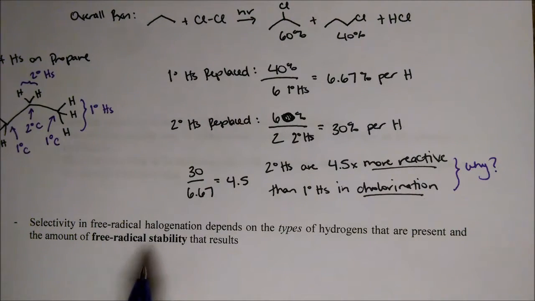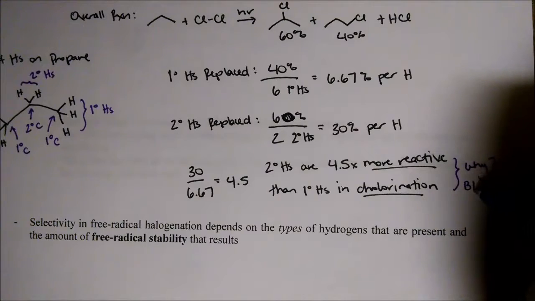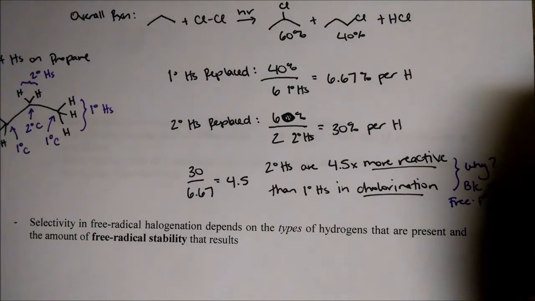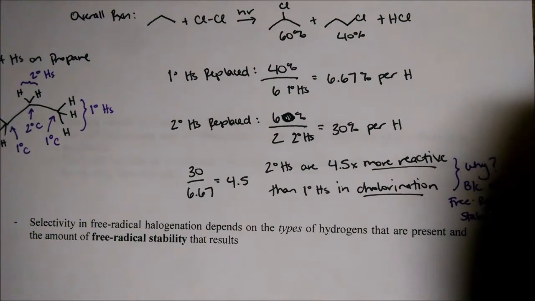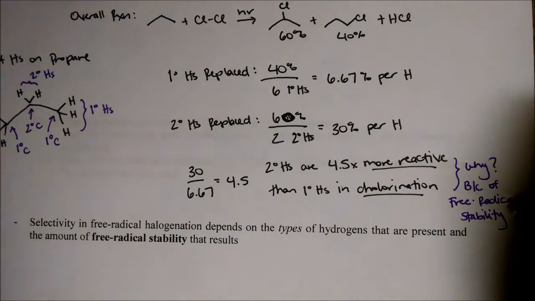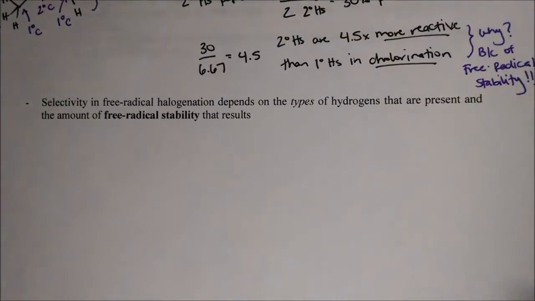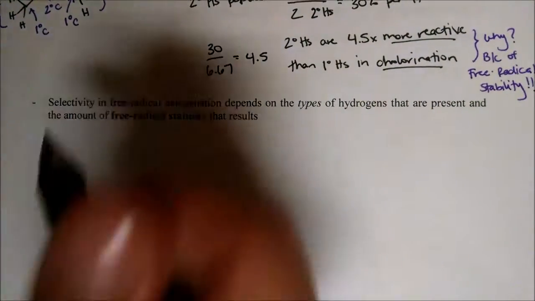And it's true, there are stability differences in those free radical intermediates, because of free radical stability. These are the intermediates of our mechanism, so there must be something different going on. So let's think about those intermediates and what they look like.